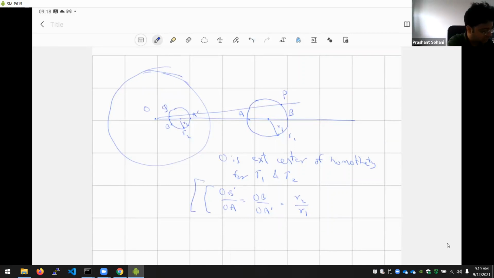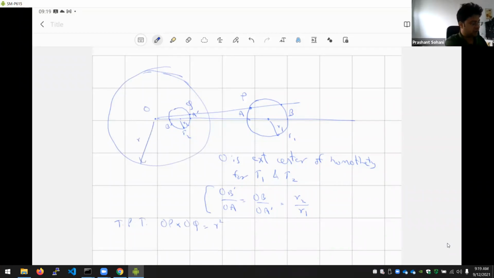Let me choose the points P and Q on the inner side. It doesn't really matter; the proofs will be the same. We need to prove that OP into OQ is equal to R square, if R is my radius of inversion.